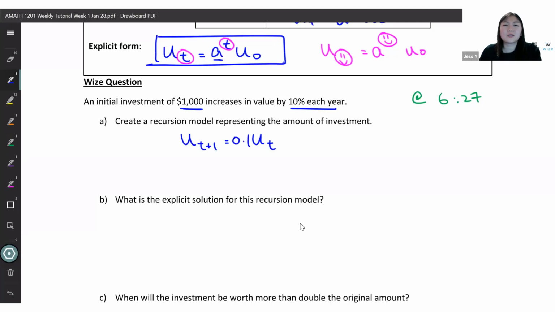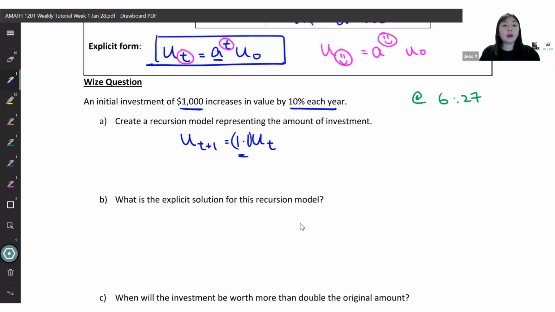Don't write 0.1. 0.1 is less than 1, meaning that it's decaying, it's decreasing. That's not true. Our investment is increasing, right? So it's not 0.1, it's 1.1, because what happens is we need to multiply our entire investment by 1 plus the 10% increase. So it's 100% plus the 10%. That's why it's 1.1, okay? Don't make that mistake.